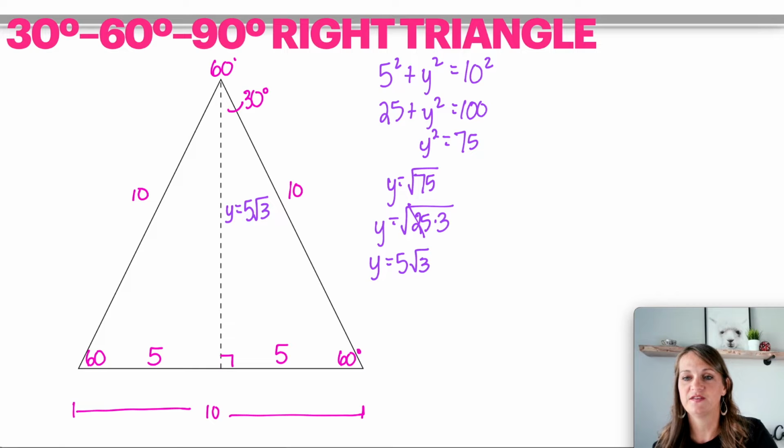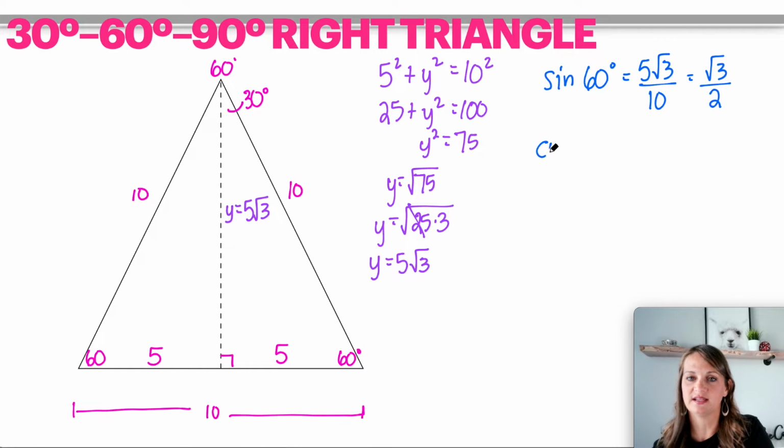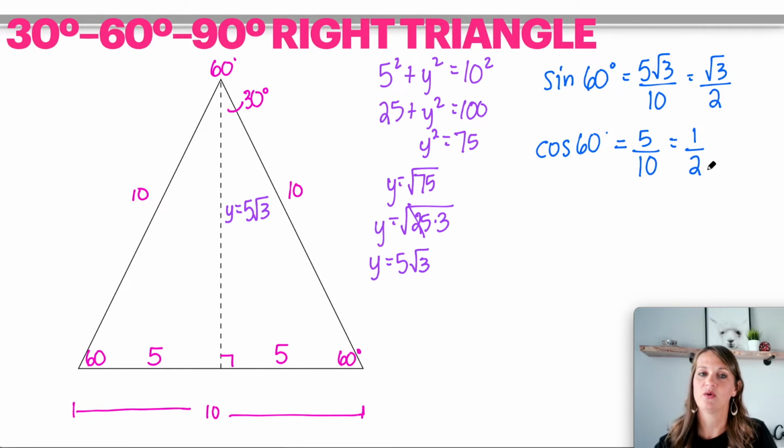So if I wanted to find sine at 60 degrees, then sine is opposite over the hypotenuse, and 5 over 10 reduces to 1/2. Cosine of 60 degrees is going to be the adjacent over hypotenuse, which is always going to be 1/2.